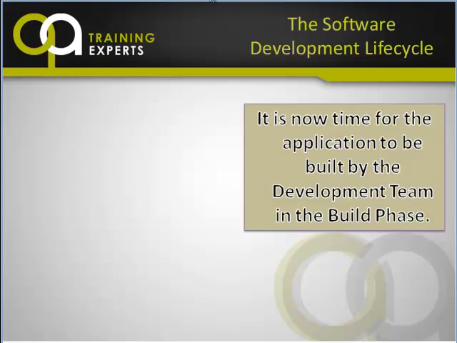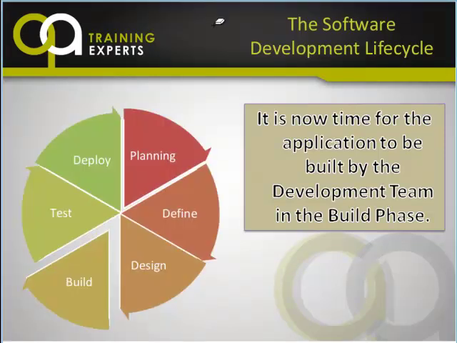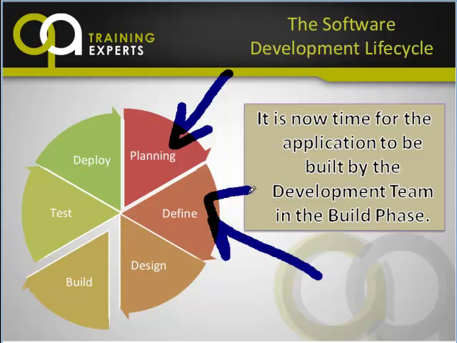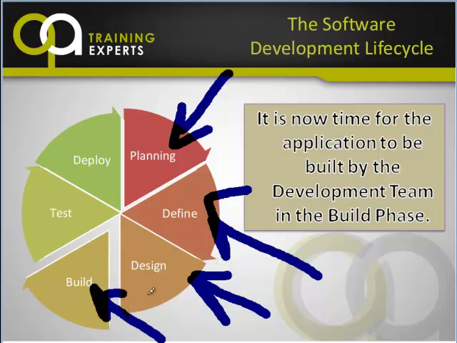It is now time for the application to be built by the development team, in the build phase. Makes really common sense, doesn't it? We put together the plan. We define the requirements. We design how the system is going to look and work internally. Then we build it. That's pretty simple, I think.